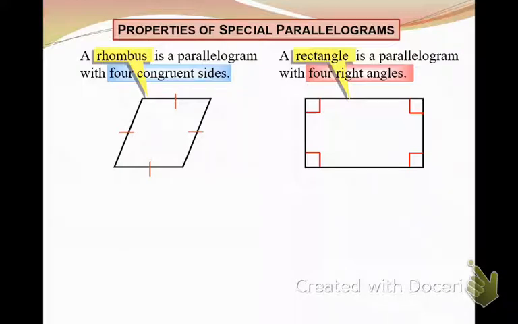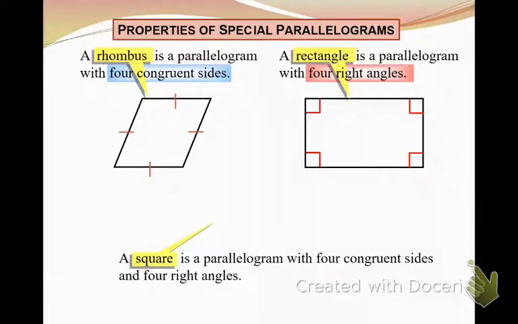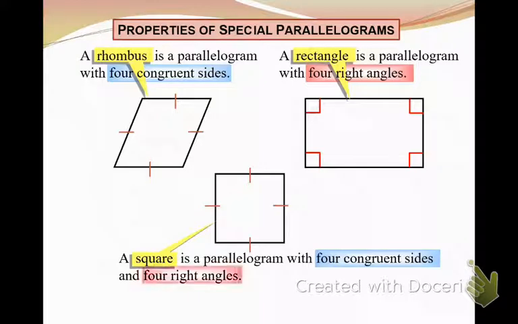What is the bottom one? A square. So what do we think a square is? 4 congruent sides and 4 congruent. Yes and no. 4 congruent sides and 4 right angles. Technically, they are congruent, but in specific, there'll be 4 right angles. So perfect. You got 4 congruent sides and 4 right angles in a square.